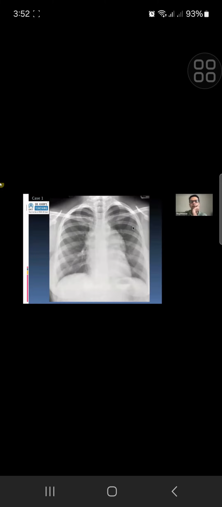What is one or two words that you can use to describe this abnormality? This is a mediastinal lesion seen on the right and also on the left side, on both sides. You can use the term mediastinal widening. Yes. So mediastinal widening on both sides.